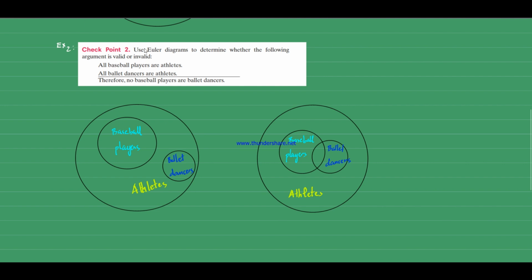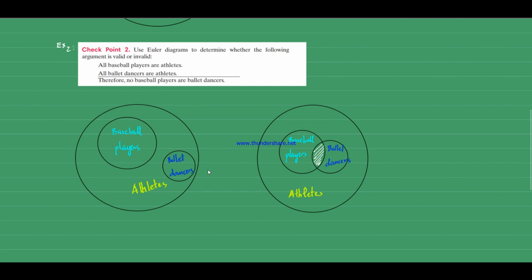So I can draw a picture corresponding to the first two premises, but I also have two pictures. I'm sorry, I have two pictures that satisfy the premises.